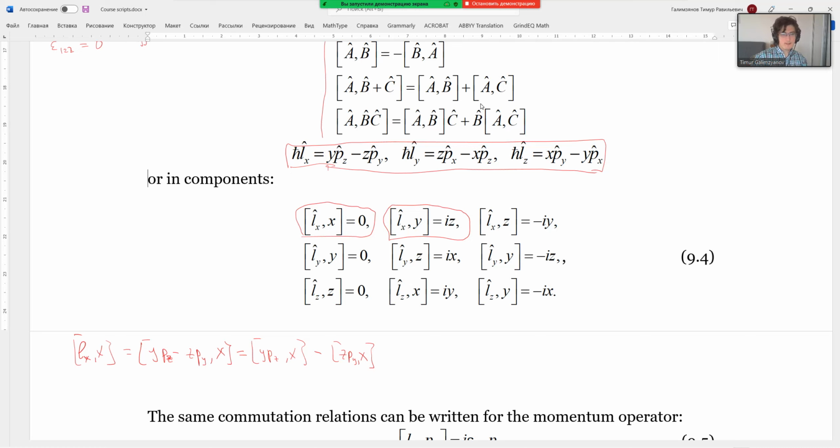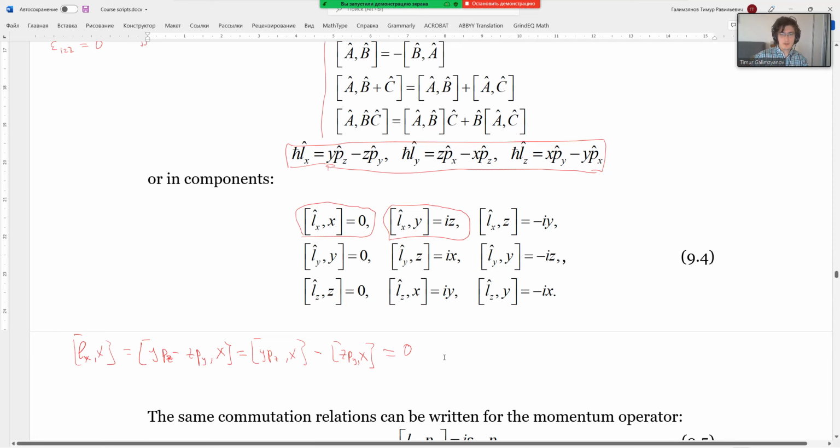However, we see that x commutes both with pz and y, and here x commutes both with z and y, and so no matter what commutator you take, they will be 0. So that gives us 0 because x commutes with each multiplier in each term of the left-hand side commutator.